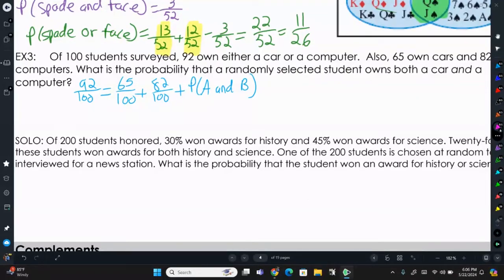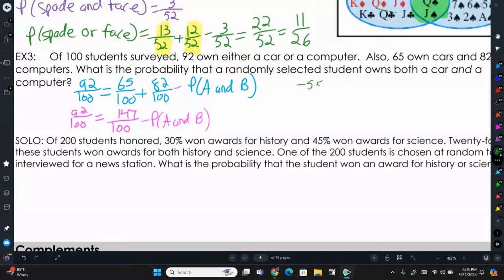So we can combine like terms. So 92 over 100 equals 65 plus 82 is 147. Oops, this should be a minus. Minus the probability of A and B. Subtract 147 over 100 from both sides. Now again, because our denominators are the same, it makes life a lot easier. 92 minus 147 is negative 55.